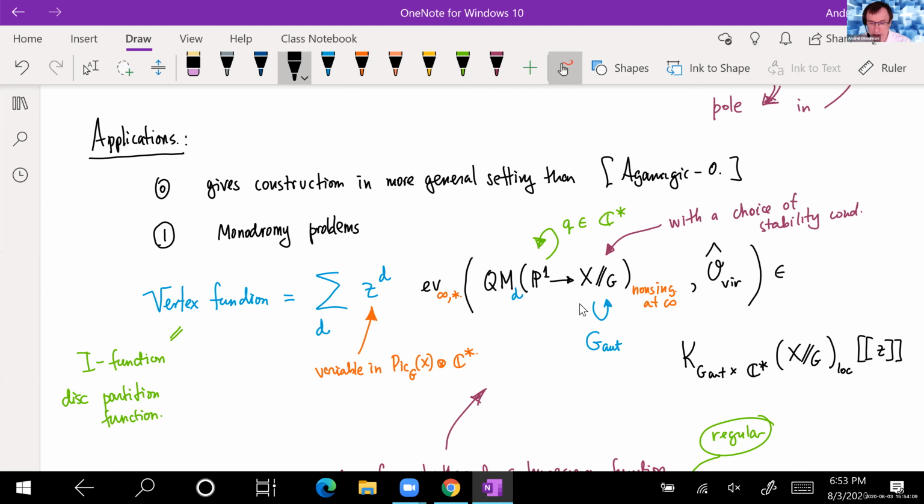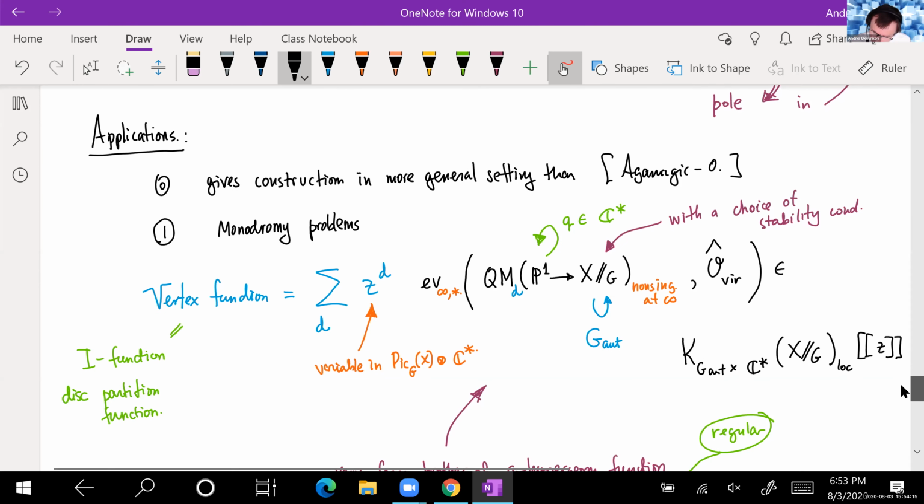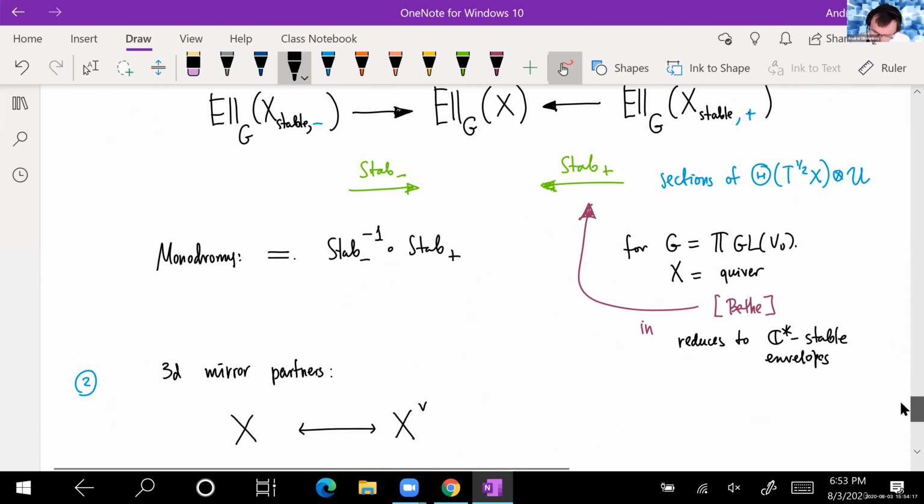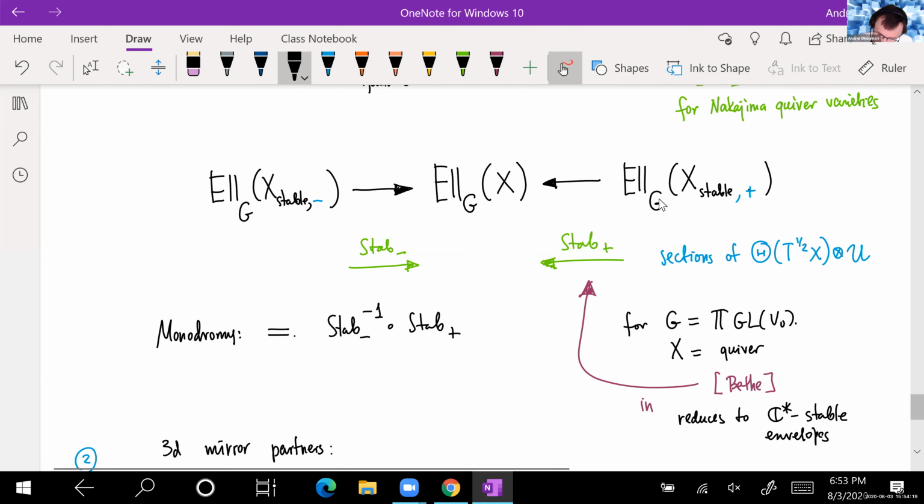So this is also for this particular problem. We first studied this problem for an abelian group action on some nice quotient, and that problem we solved.